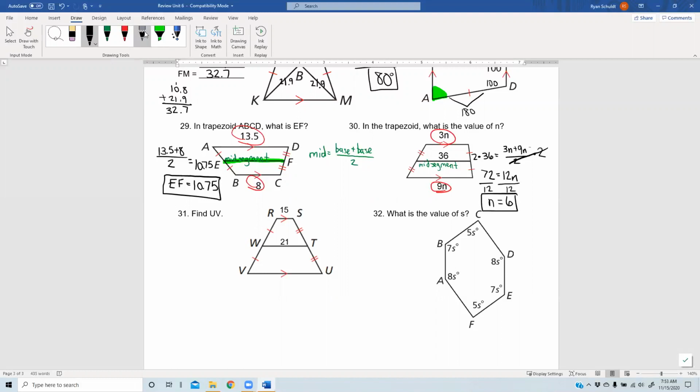Okay, next one. They ask us to find UV. Oh, what's this 21 hanging out in the middle here called? It's our mid-segment. I know 15 is my base. I don't know UV, so I'm going to just call it X. And then plug into our formula. So 21 equals 15 plus X divided by 2.